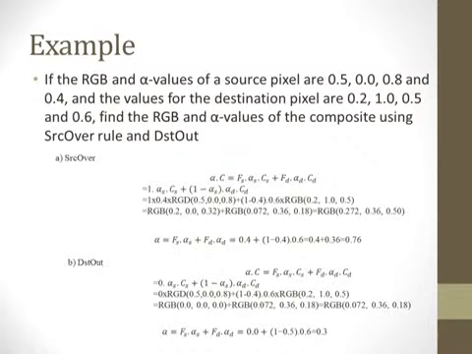Alpha S is 0.4, then we put here 0.4 times the RGB of 0.5, 0.0, 0.8. And also we continue with 1 minus 0.4, alpha S, times 0.6 for alpha D, times the RGB of 0.2, 1.0, 0.5.